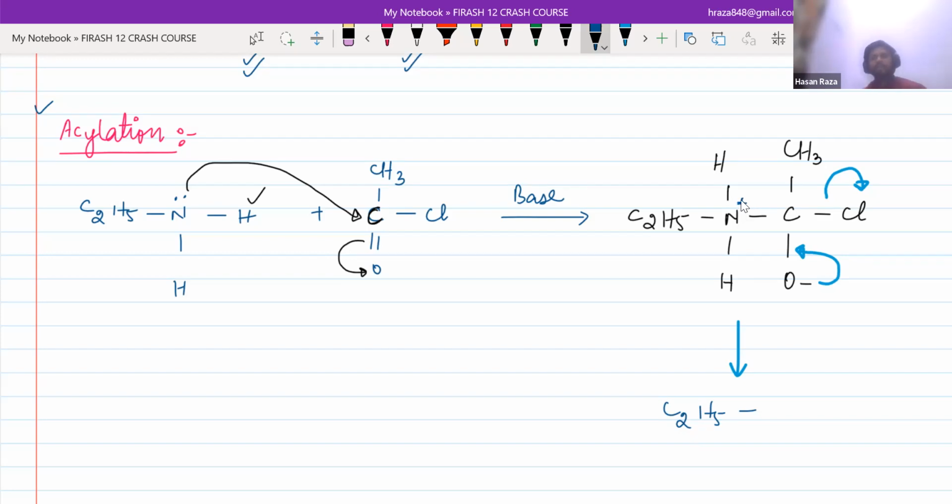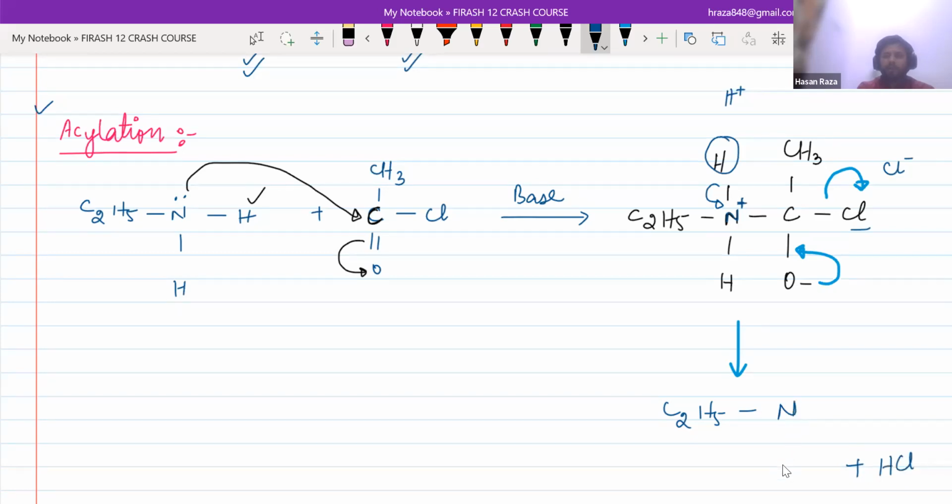Since nitrogen has donated one of its electrons to carbon, and nitrogen is the third most electronegative element, that means the positive charge on nitrogen is less stable, so it will take an electron from hydrogen. This hydrogen will be in the form of H plus, and this Cl in the form of Cl minus, so they will combine to give a byproduct, that is HCl.